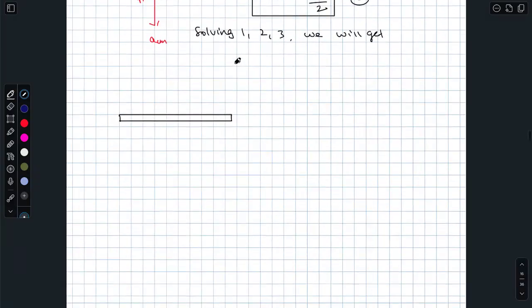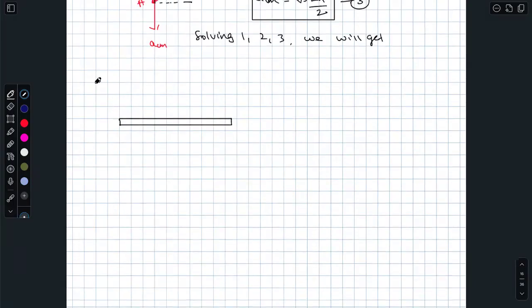This is the length of the rod. This is held at rest like this. It is held horizontally, with the string at 30 degrees, 60 degrees.